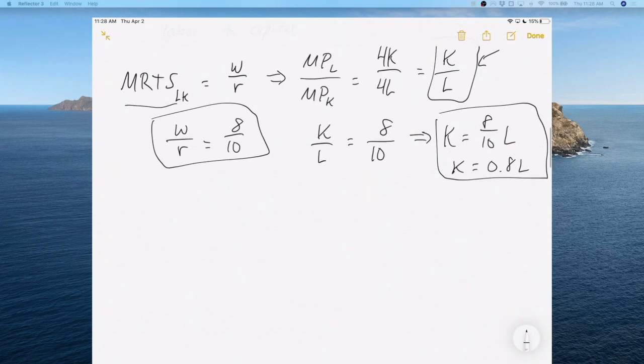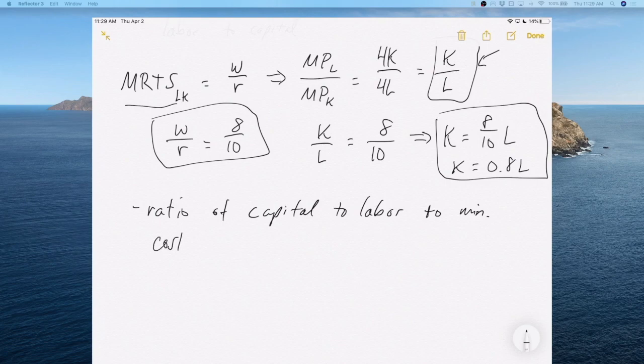All that means is that the ratio of capital to labor to minimize costs should be 0.8. What does this mean in even plainer language?